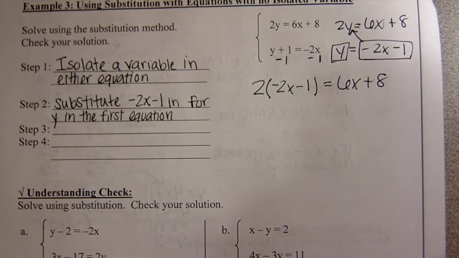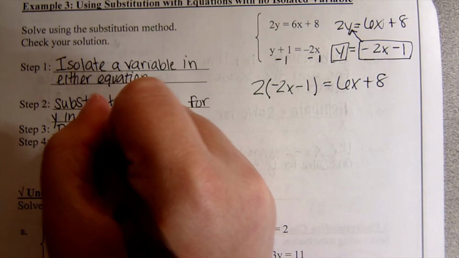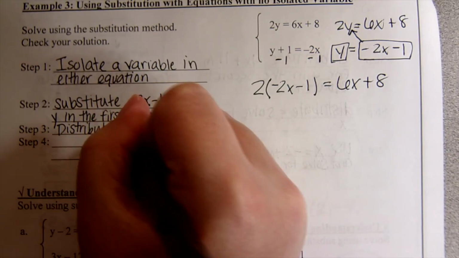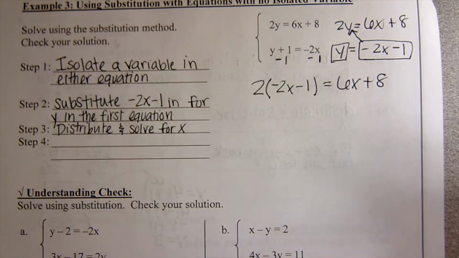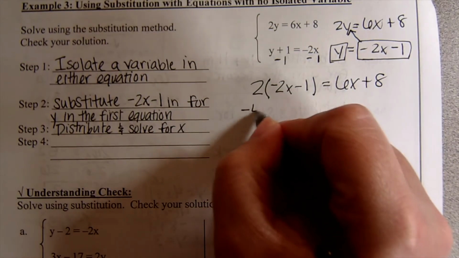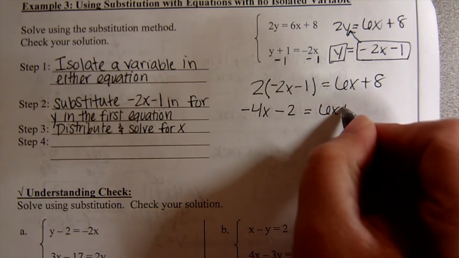And then step 3, we are going to distribute and solve for x. So that becomes negative 4x minus 2 equals 6x plus 8.